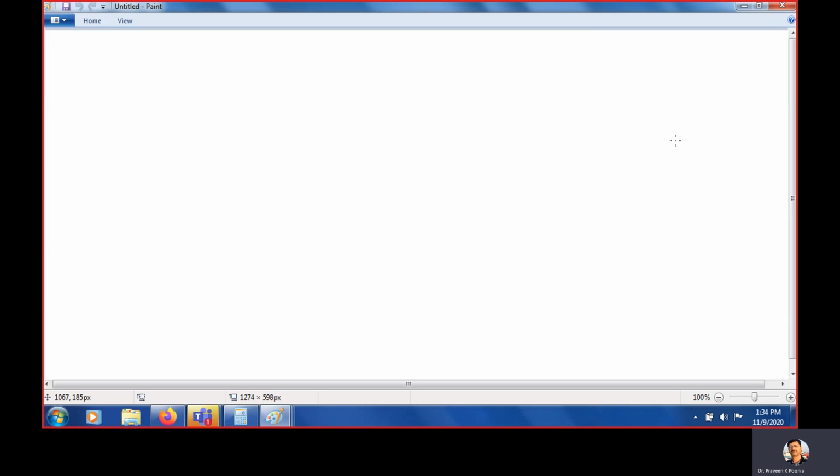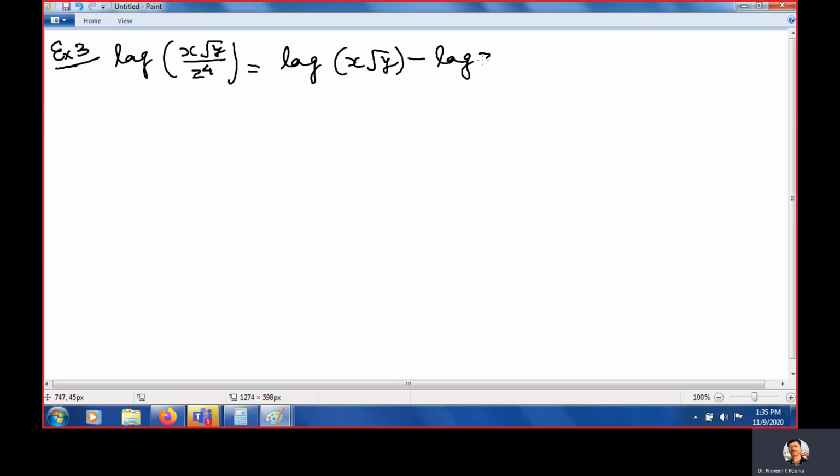Okay, let us take a little more difficult question, and that I am taking from the exercise. This is example number 3, and the question I am taking is log of x square root y upon z power 4. So first is division. It is log x square root y minus log z power 4. Clear? So this is negative because of division.